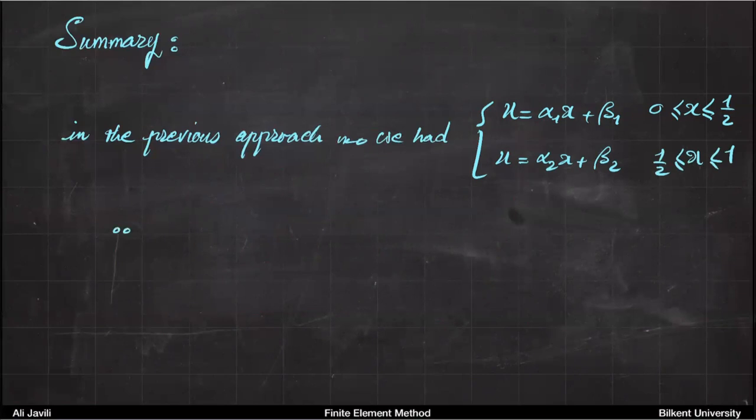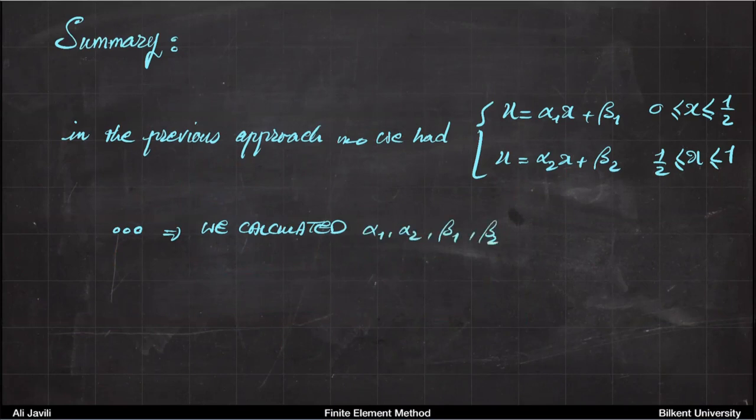And then after doing all the magic and all the steps, we calculated the coefficients. So alpha 1, alpha 2, beta 1, beta 2. From that, of course, you could also calculate nodal values.